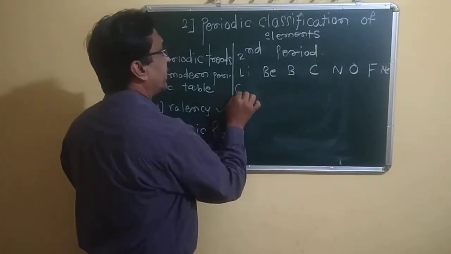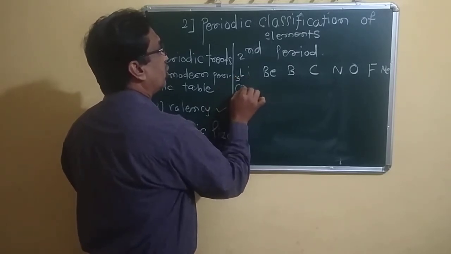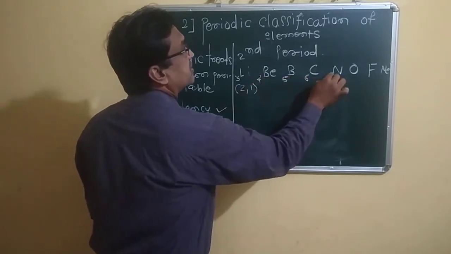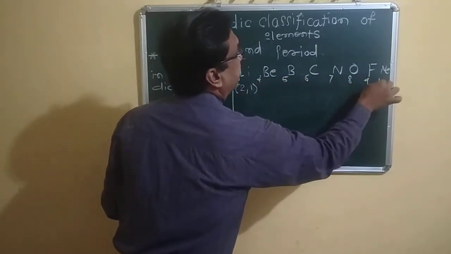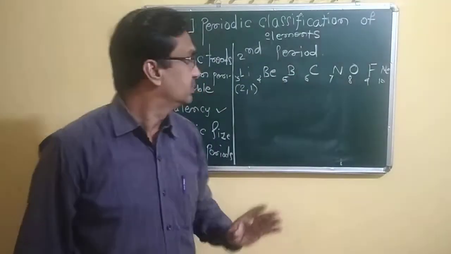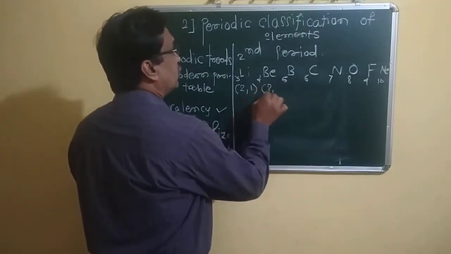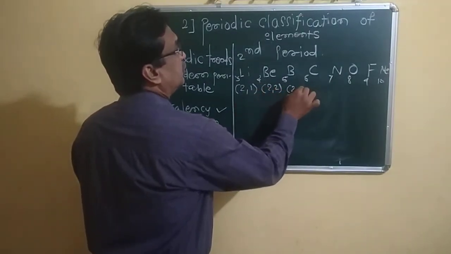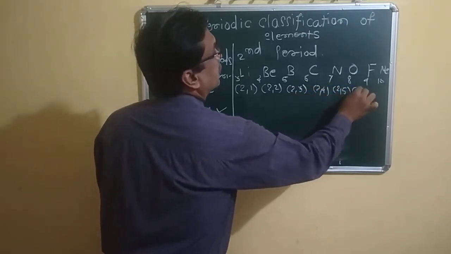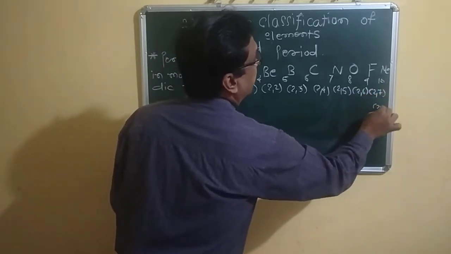Its atomic number is 3, 4, 5, 6, 7, 8, 9 and 10. These are the atomic numbers of the elements of the second period, and the electronic configurations are 2 1, 2 2, 2 3, 2 4, 2 5, 2 6, 2 7 and 2 8.